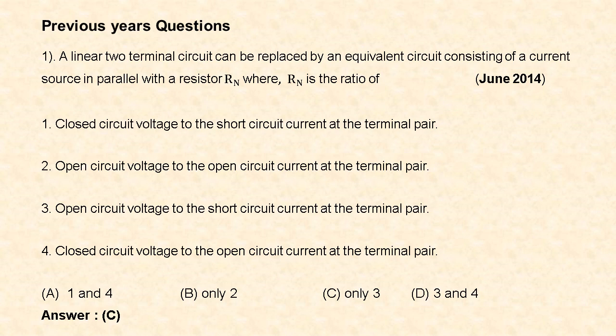First option is closed circuit voltage to the short circuit current at the terminal pair, open circuit voltage to the open circuit current at the terminal pair, open circuit voltage to the short circuit current at the terminal pair, closed circuit voltage to the open circuit current at the terminal pair. We know that Norton's resistance or Thevenin's resistance is equal to open circuit voltage to the short circuit current at the terminal pair. So only option 3 is correct.